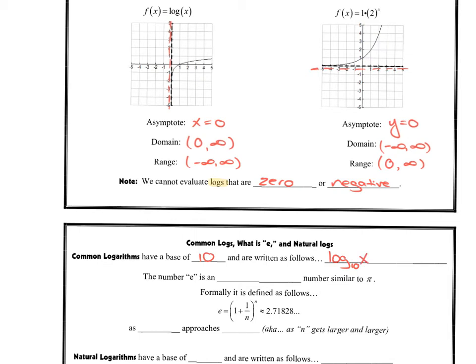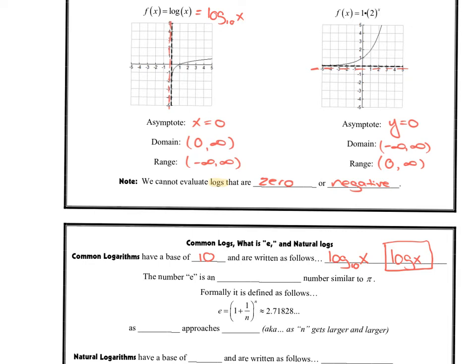More simply, the way you'll see this most often is just log of x. Because it's our most common one, we don't write the base; it's implied. So the graph that I've provided for you up here is actually the graph of a common log, so log base 10 of x.